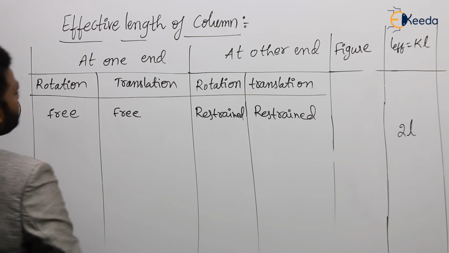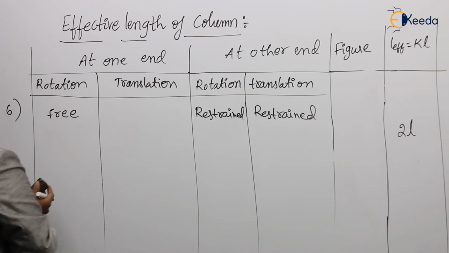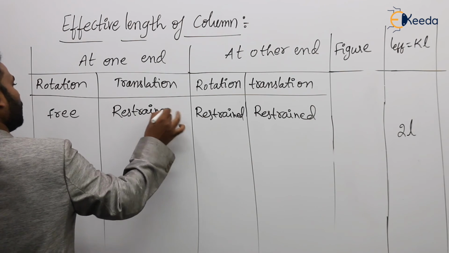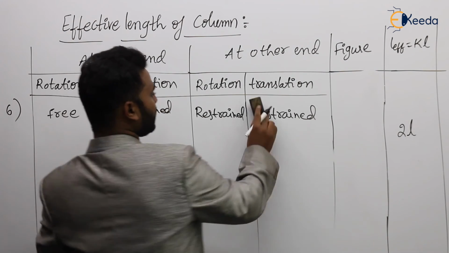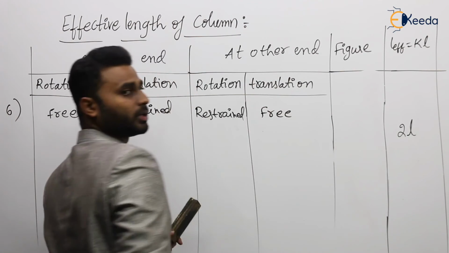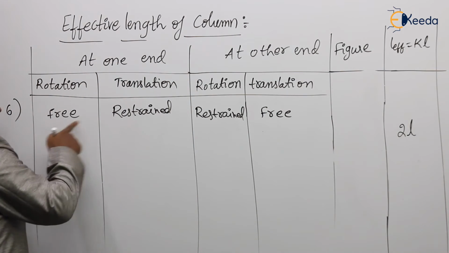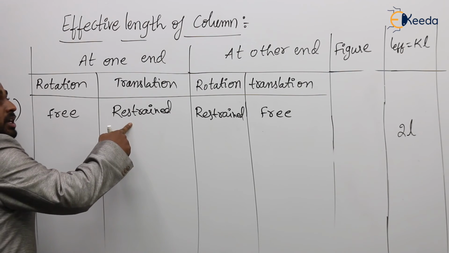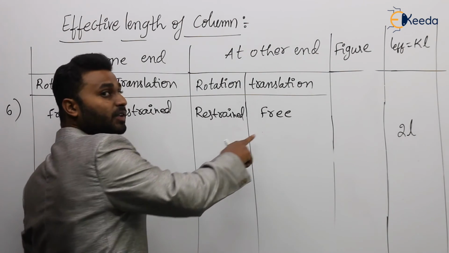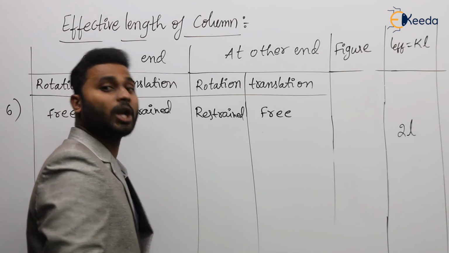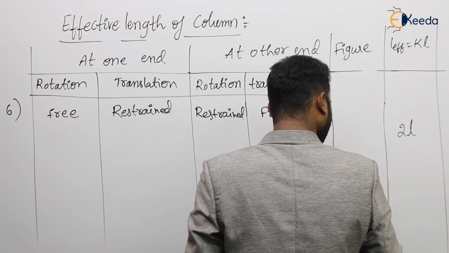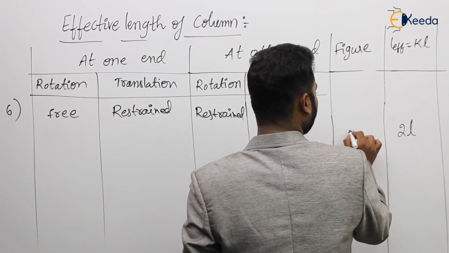Okay, so one end rotation is free and translation is restrained, and the other end rotation is restrained and translation is free. Now which type of support? At one end rotation is free and translation is restrained. It means which type of support is it? Hinged support. And the other end, rotation is restrained but translation is free. Which type of support is it? Moment roller. So like this: one end is hinged and the other end is a moment roller.